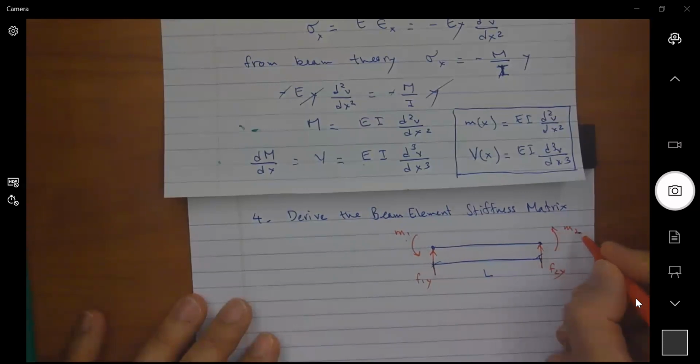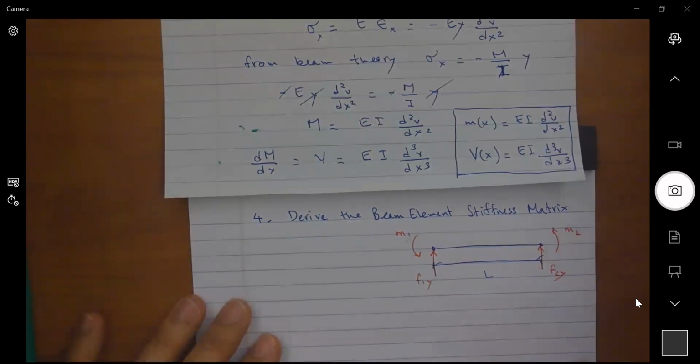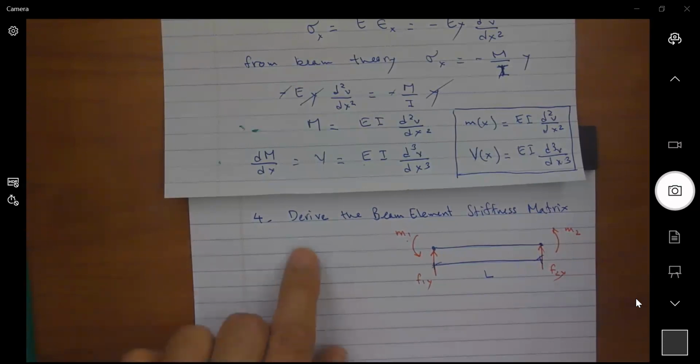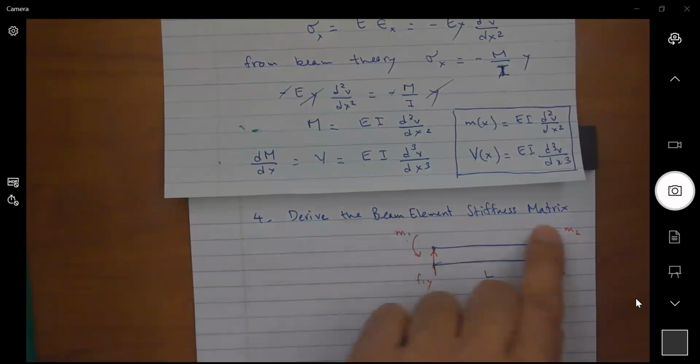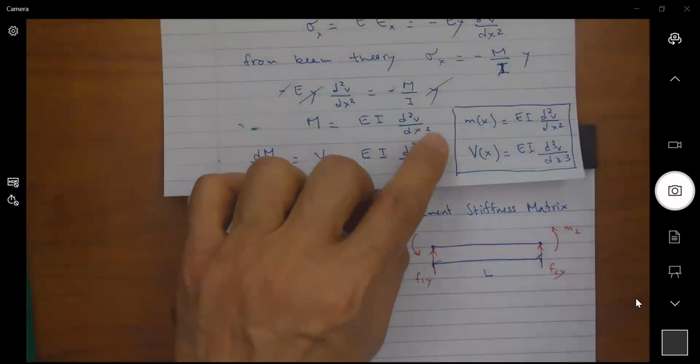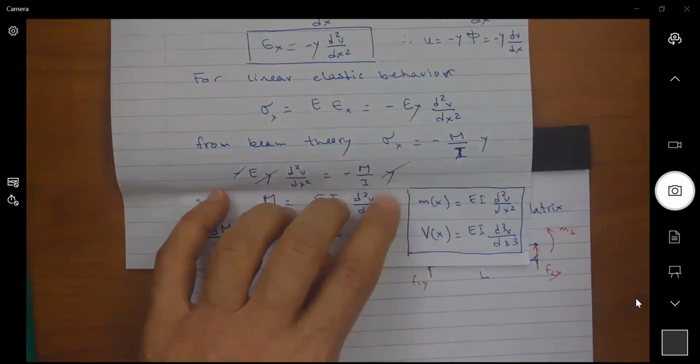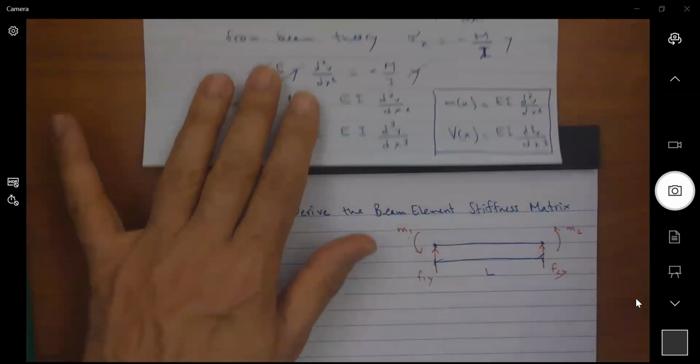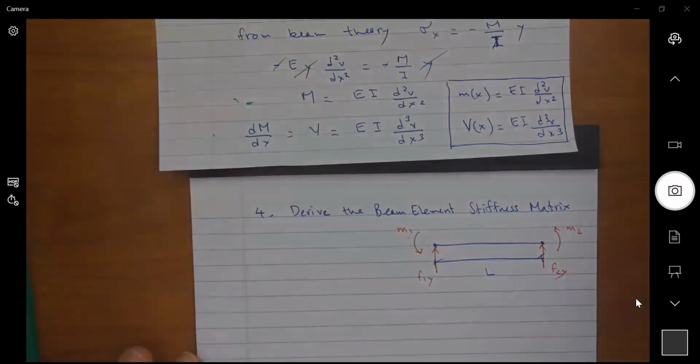And please note that I am following the element sign convention. Positive moment is counterclockwise. Positive transverse loads is in the positive y direction. Now, in order for us to write the element stiffness matrix or element stiffness equations, I am going to use the equations from the relationships to evaluate the nodal forces.